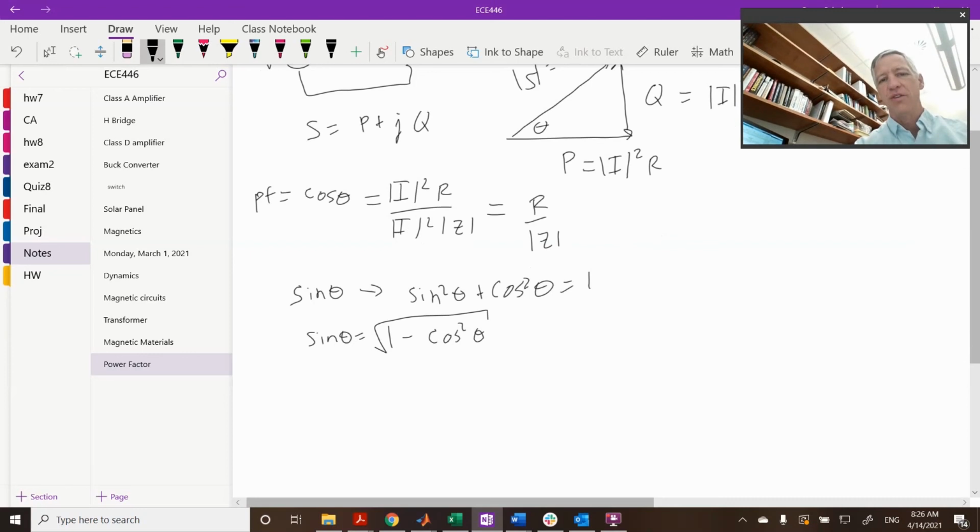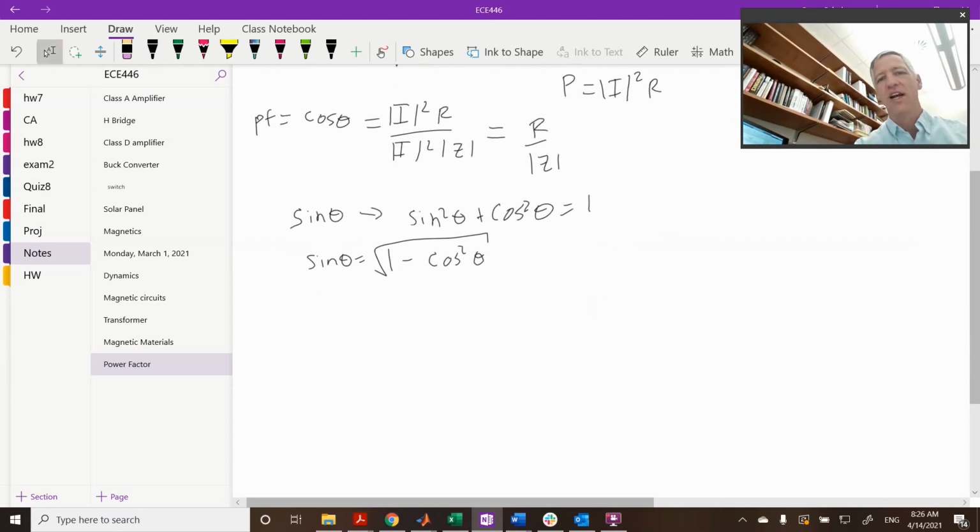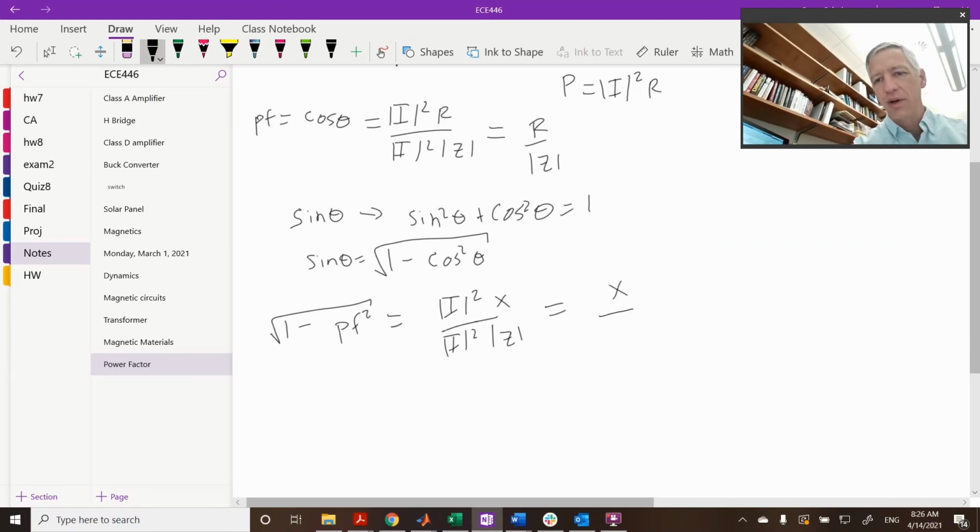So we can use this to find the X part. So we have the square root of 1 minus power factor squared equals I magnitude squared times X over I magnitude squared times the magnitude of Z, which is equal to X over the magnitude of Z.